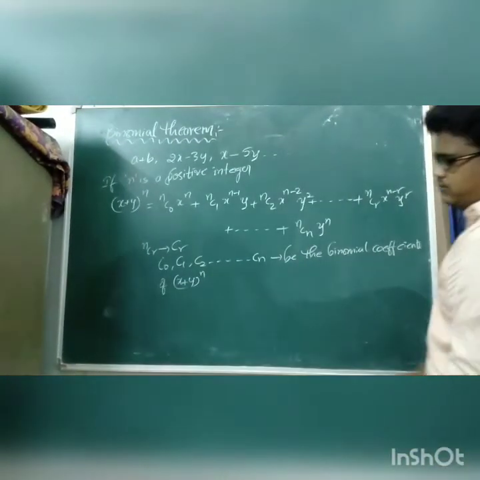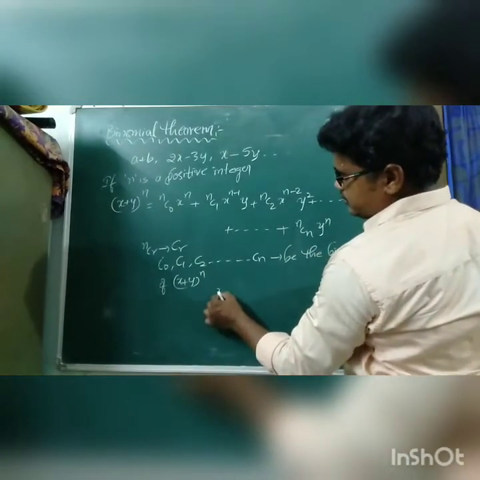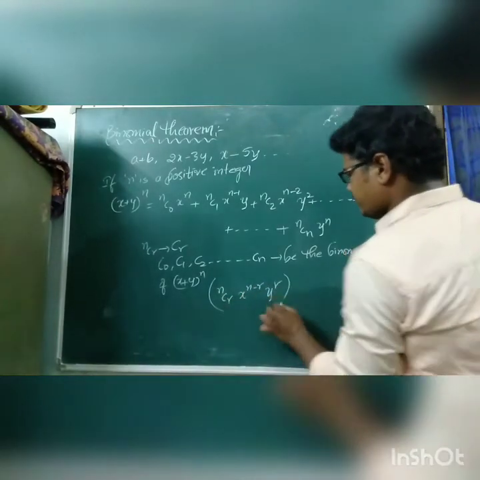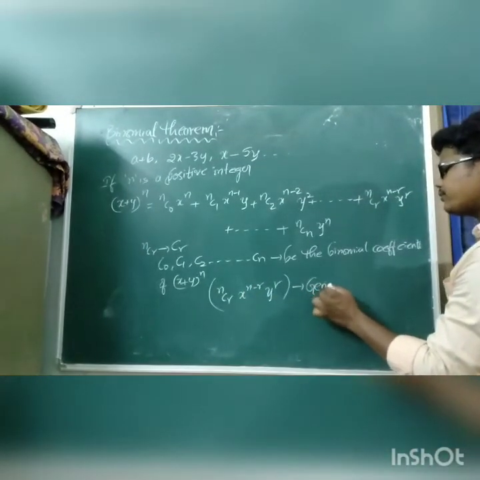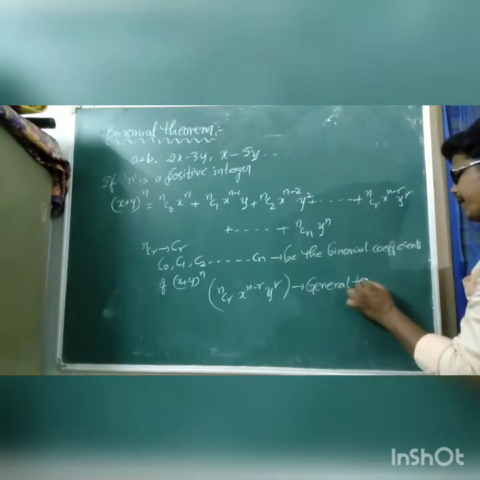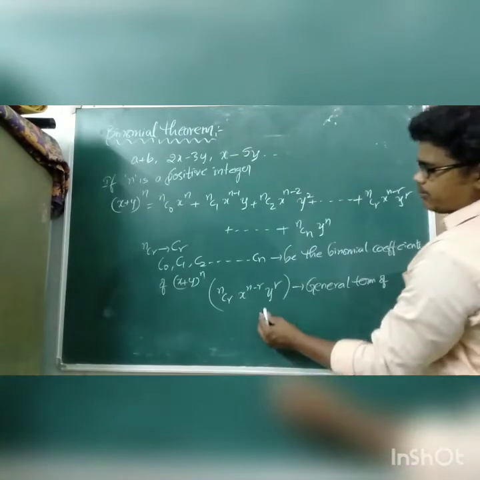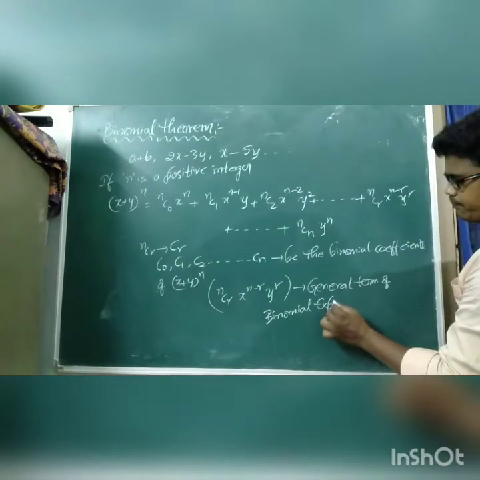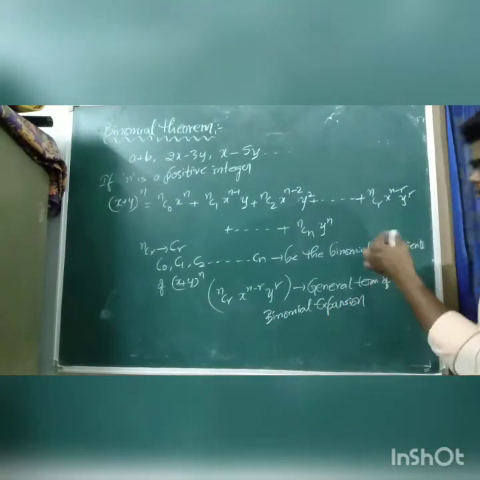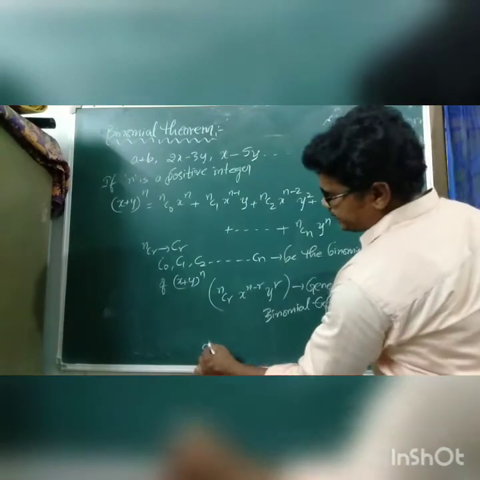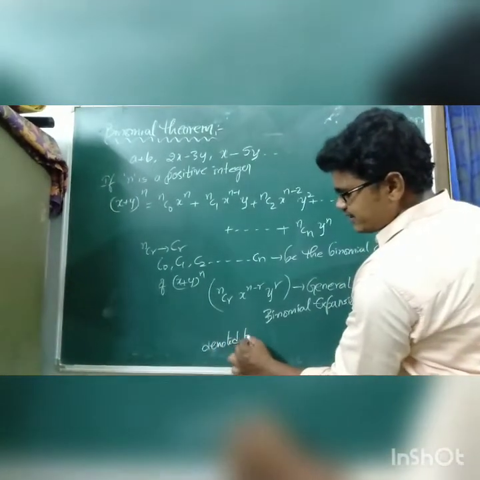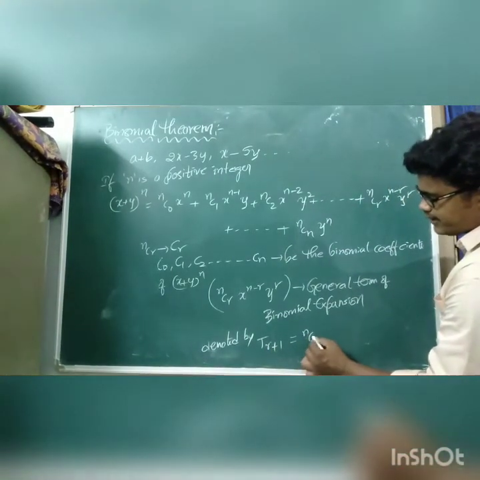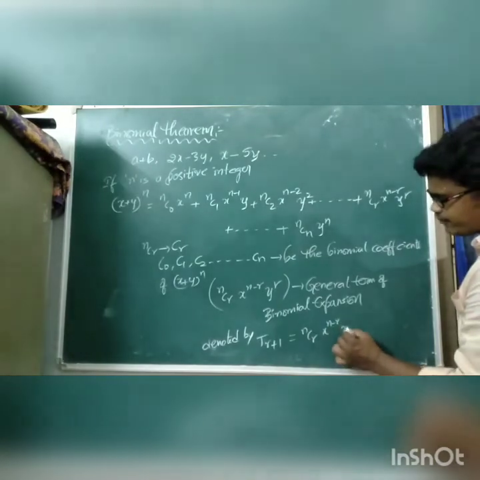And next, nCr into x power (n minus r) y power r is called the general term of the binomial expansion, which is mainly denoted by T(r plus 1). T(r plus 1) is equal to nCr x power (n minus r) and y power r.